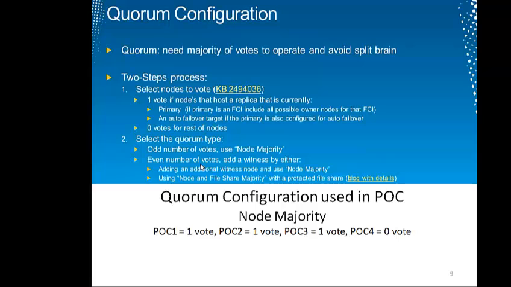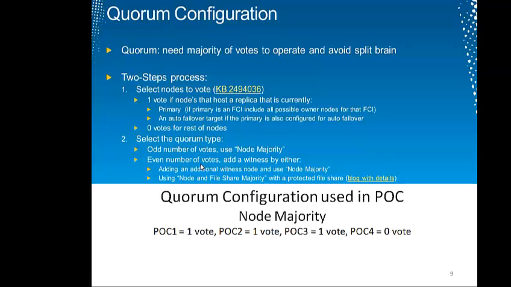Basically, the best practice is that you should have an odd number of votes. Let me step back and tell you what kind of quorum you can define. You can define a node majority quorum, you can define a disk majority quorum, you can also use a shared quorum.